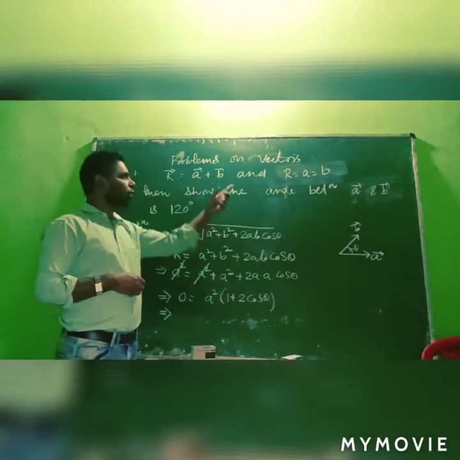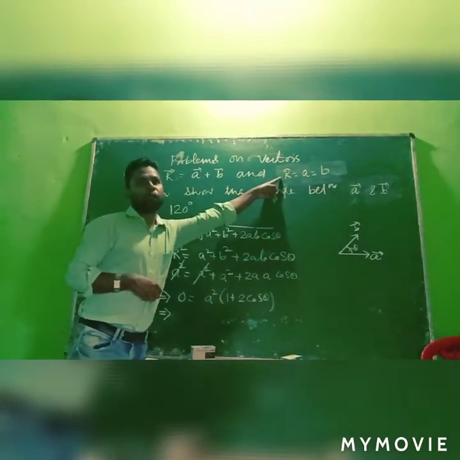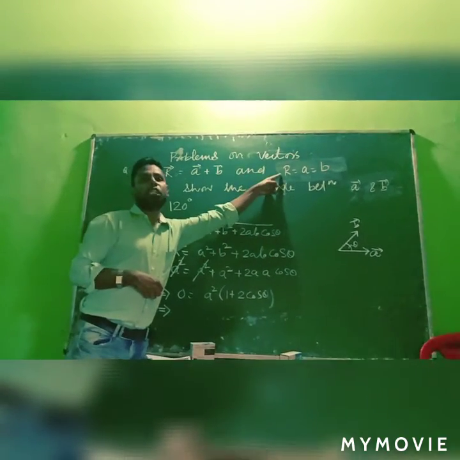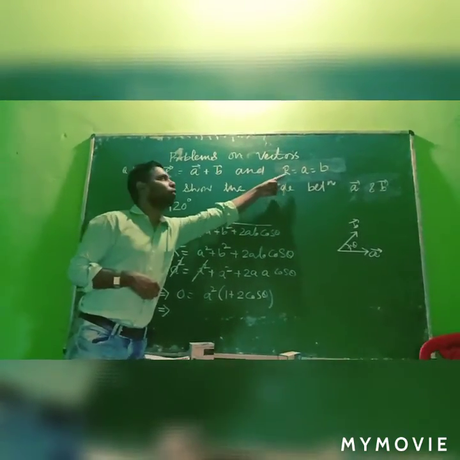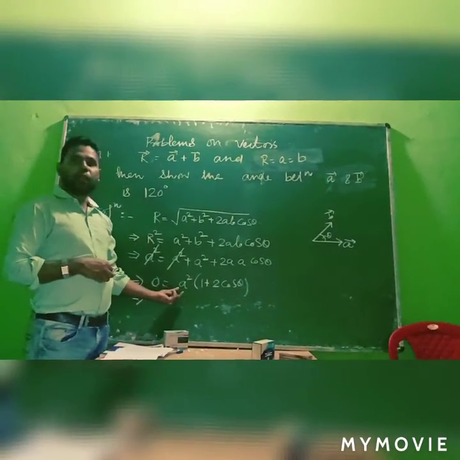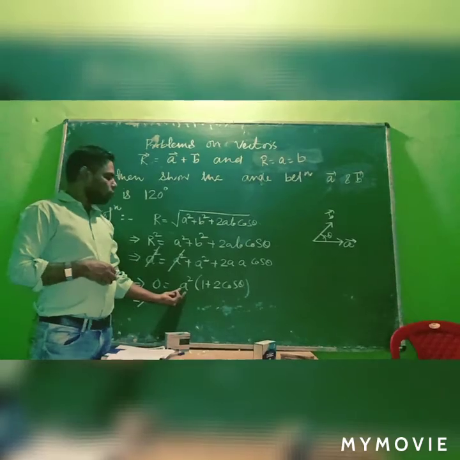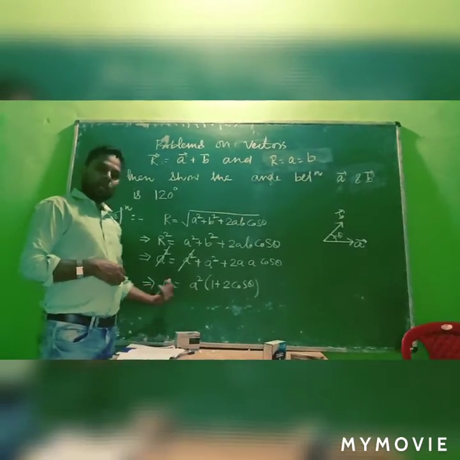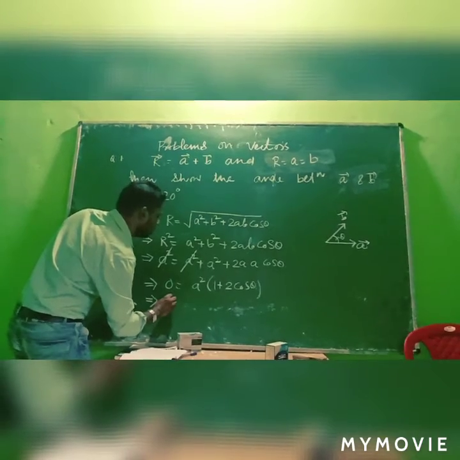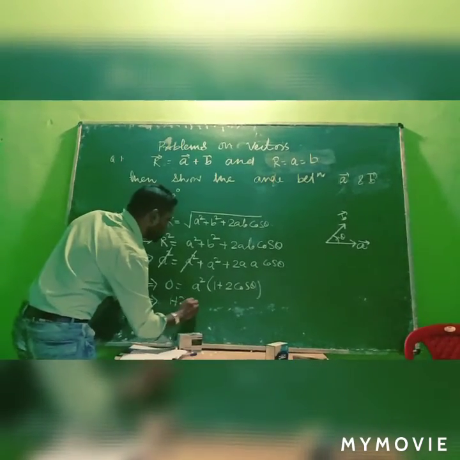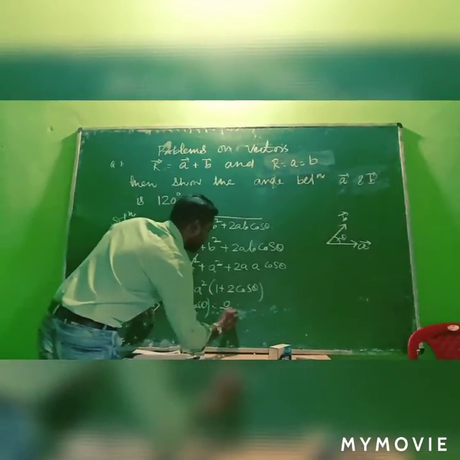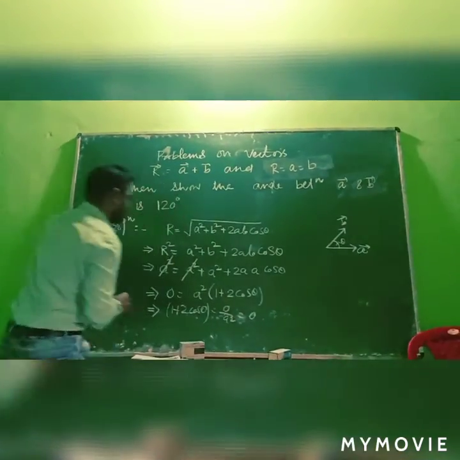Since a is non-zero vector, r is a resultant vector of two component vectors a and b, so r is supposed to be non-zero. So we can divide the relations by the modulus of the non-zero vector, that is a. If we divide, on the right we have 0 by a square, that is 0.